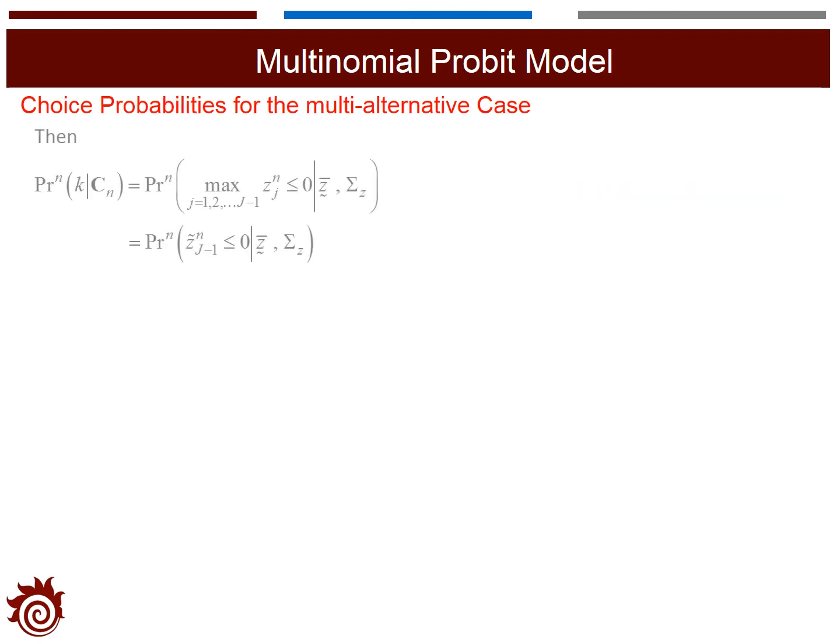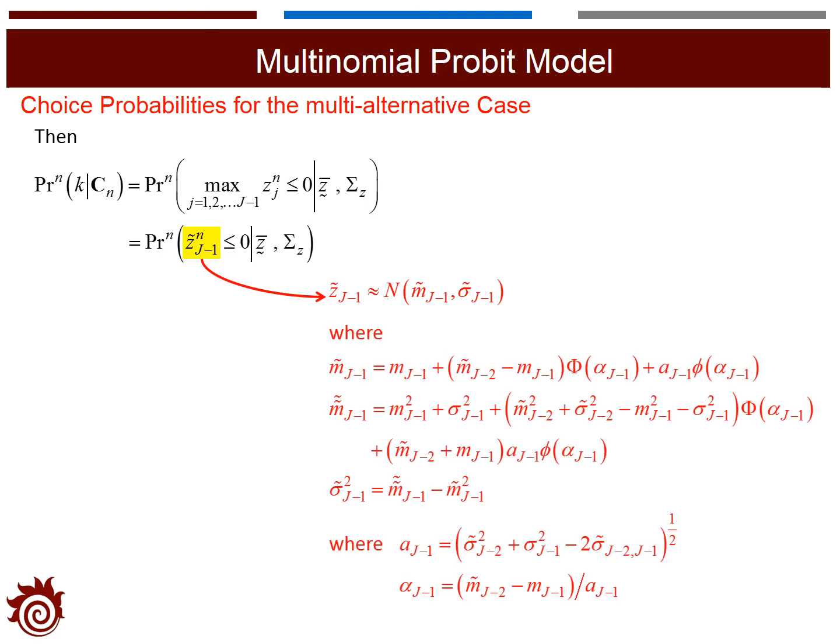Now probability k becomes the probability of zj minus 1 tilde smaller than 0, and zj is the normal distribution. From Clark's approximation, we have the equations to estimate mj minus 1 tilde and sigma j minus 1 tilde.